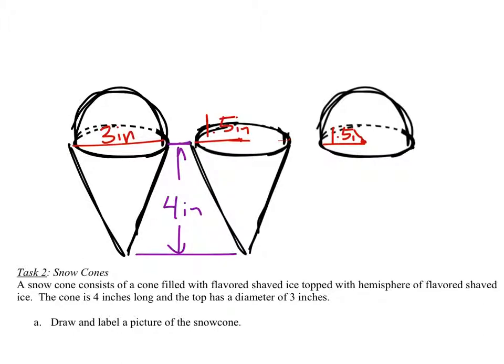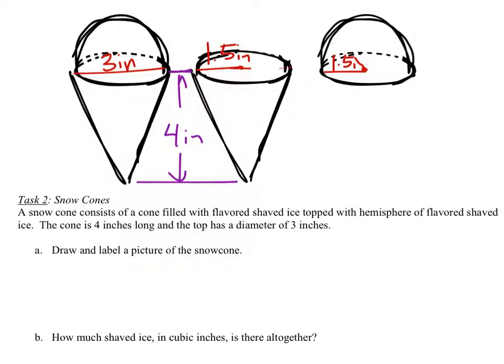So the next question is, how much shaved ice in cubic inches is there altogether? This is great because we don't have to convert it into anything just yet. So to find the volume of the cone first, this is just the cone, which is pi times the radius squared times the height divided by 3.